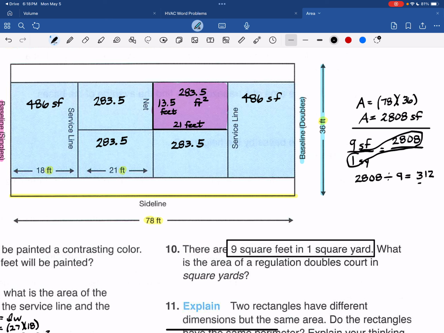So 312 square yards is actually the answer we are looking for. So be very careful with that one. That conversion, it grabs me as I'm reading it. Makes me think of ratio and proportion.